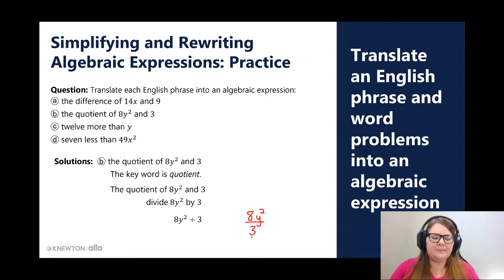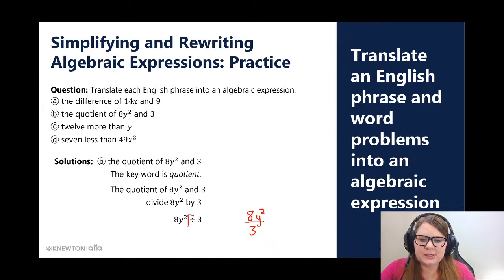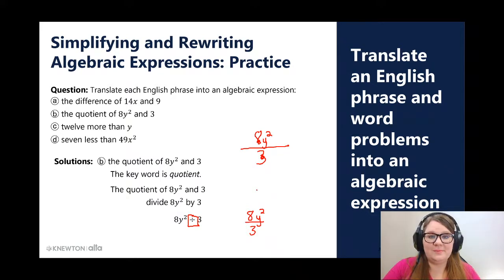That's a preference for me. But just notice, if you ever get confused about it, a division symbol is just representative of a fraction, because division is saying some number divided by some number, right? And so that should look like a fraction. So in this case, we have 8y squared as my top number and 3 as my bottom number. So that's where that comes from.